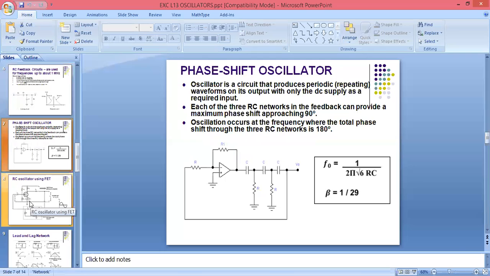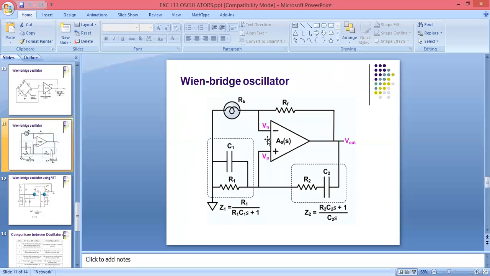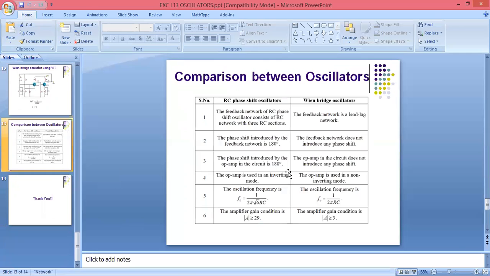But what are we doing here in the Wien bridge? We are using the Wien bridge oscillator, which is not giving any phase shift. So here we can say the op-amp used in the RC phase shift oscillator is an inverting op-amp, and the op-amp that is used in the Wien bridge is non-inverting.